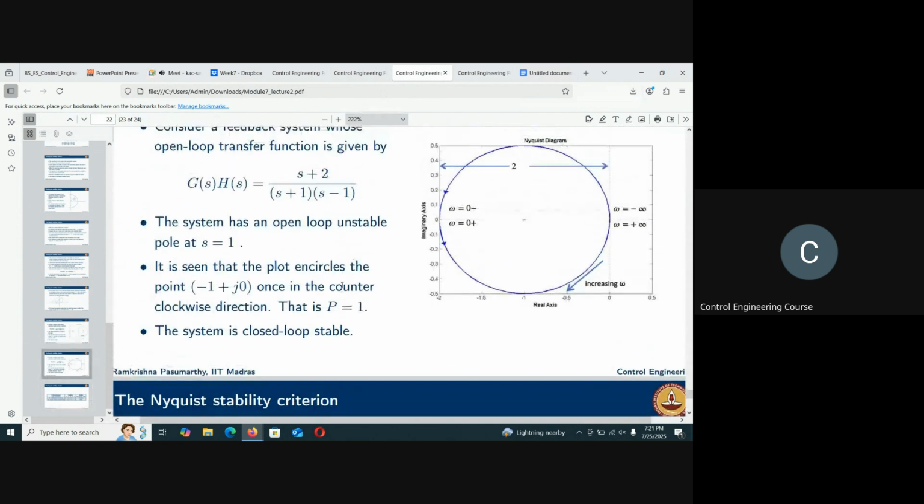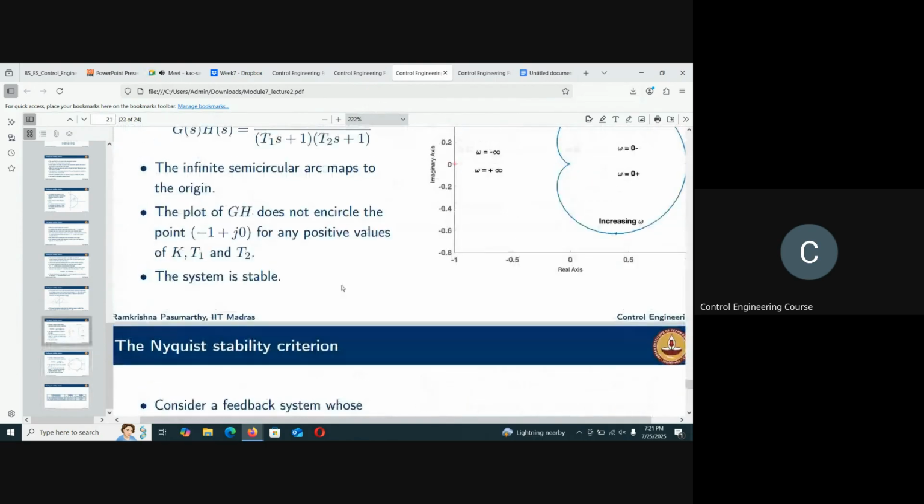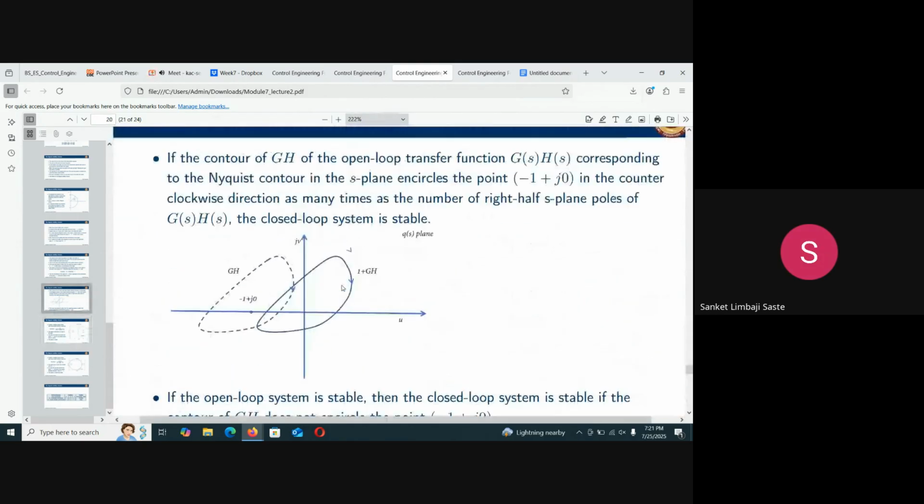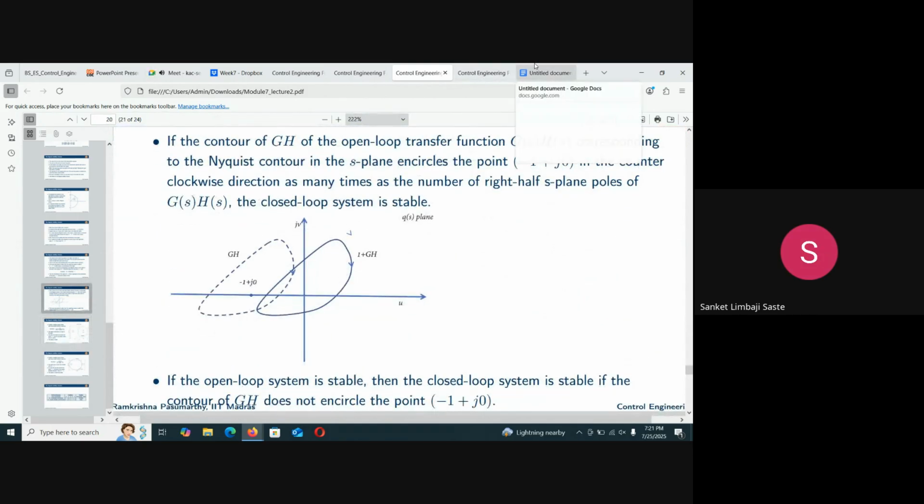Up to this, it's clear? Very important. It will sound very complex, but it's actually very simple once you get the idea.